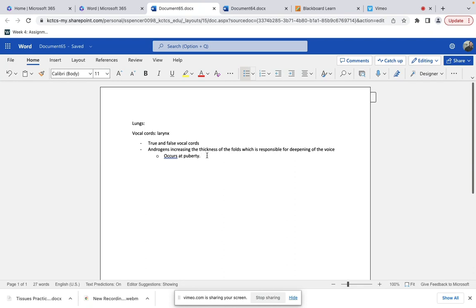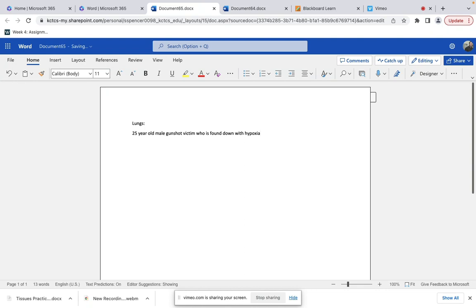We talked about the larynx. We also talked about, let's say this goes back to the case study. You've got a 25-year-old male gunshot victim who is found down with hypoxia.